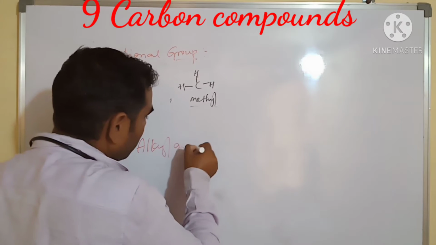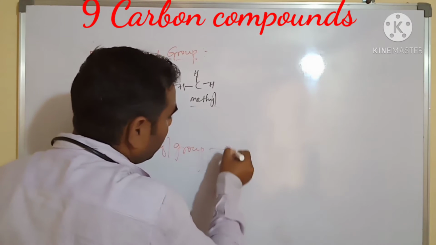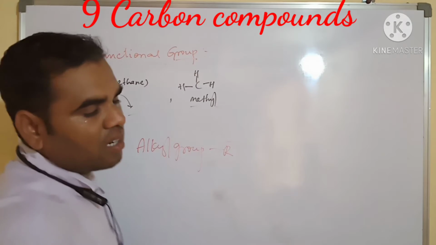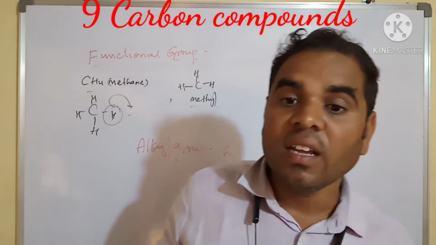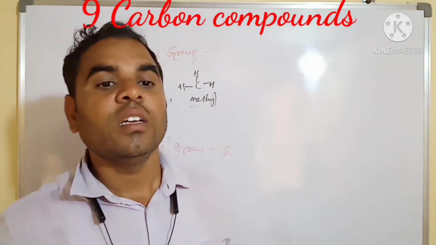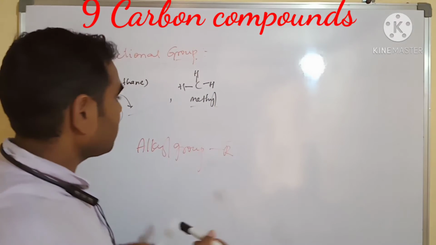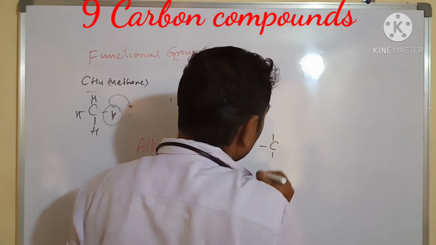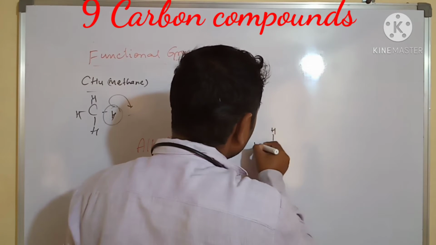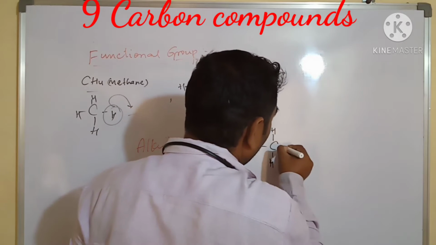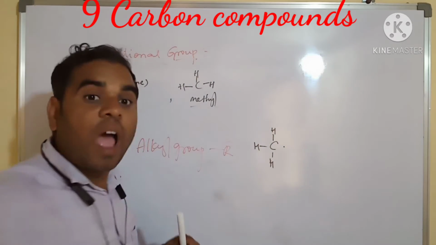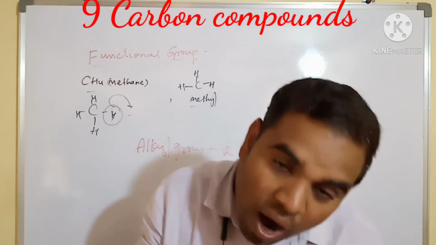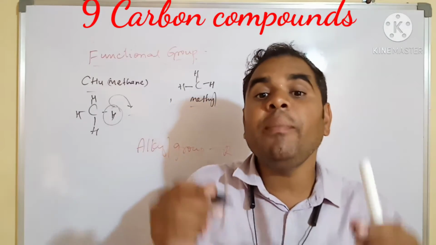Alkyl group. For the alkyl group, we are indicating R. This part is called, see, a methyl group. Methyl group. Here there are 3 hydrogens. And here, adding an atom or a group of atoms changes the chemical properties.